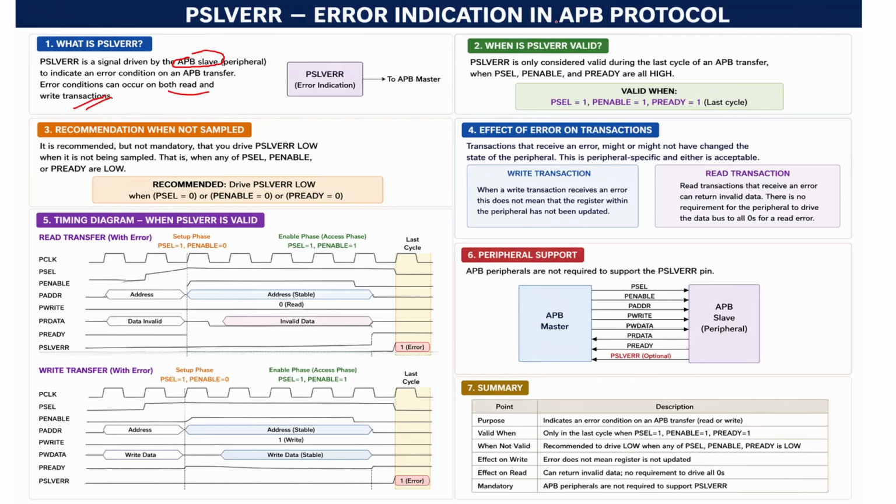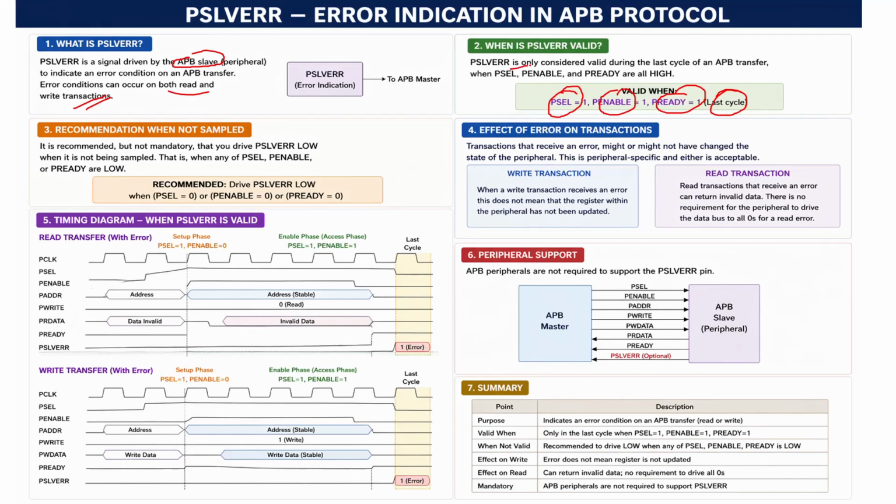When should PSLVERR be valid? When it is valid means in the last transaction only. At that time PSELECT should be stable, PENABLE should be stable, and PREADY should be stable. So in the last cycle only we are setting PSLVERR to 1. That is the valid condition.